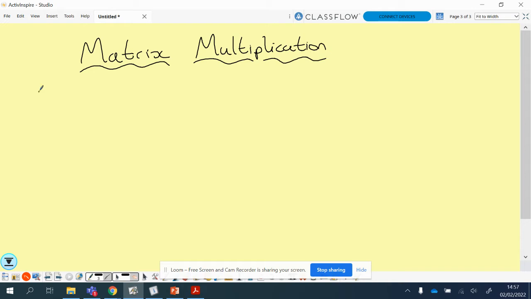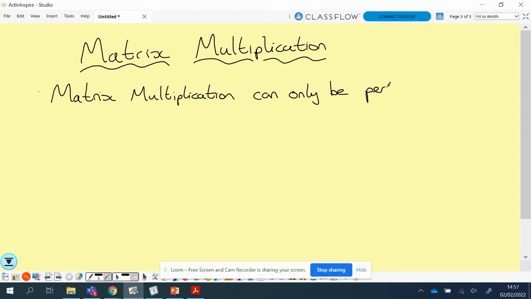So the first thing to note is that matrix multiplication can only be performed when the matrices are of a certain order.